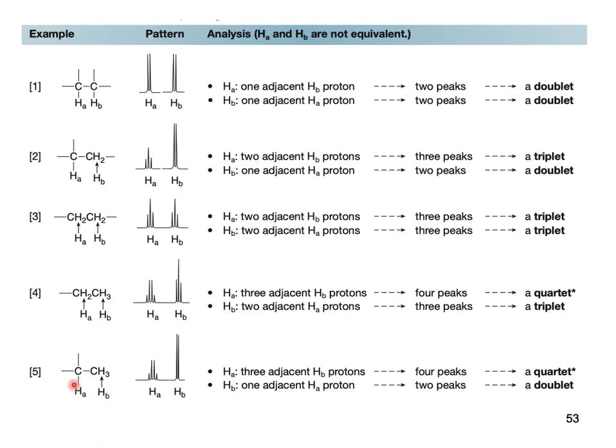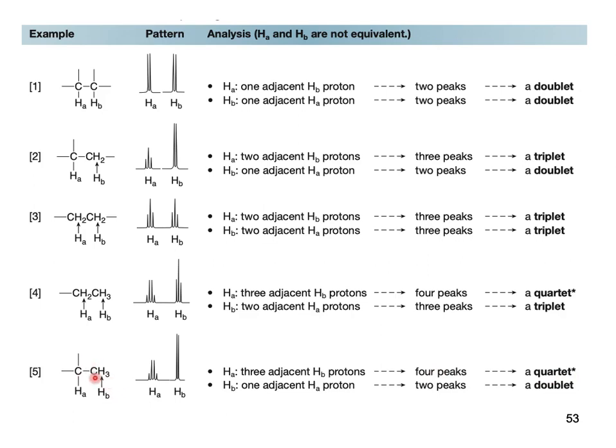In this one, Ha gives the information about this methyl. Its adjacent protons: how many? 3 adjacent Hb protons. It gives the information about the nearby protons, so 3 plus 1 is 4, which is a quartet.